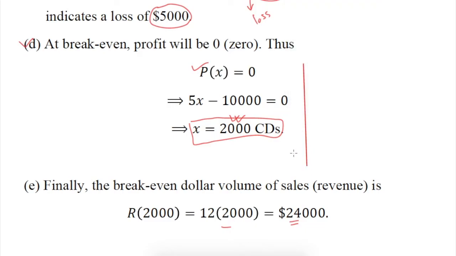So it will be, in this case, very simple. You see, this is the y as well as R-axis, and this is our x-axis. And x indicates number of quantity. This is origin. So our cost function is what?